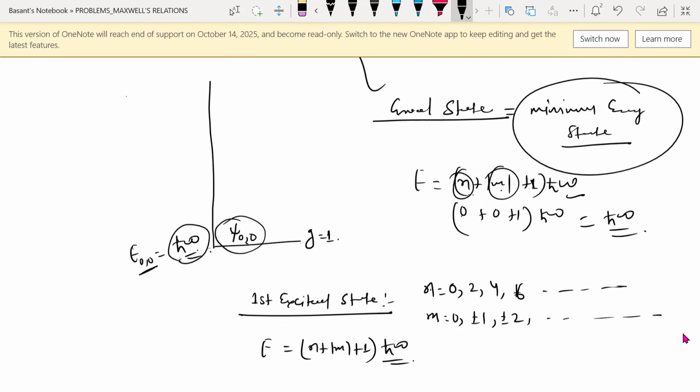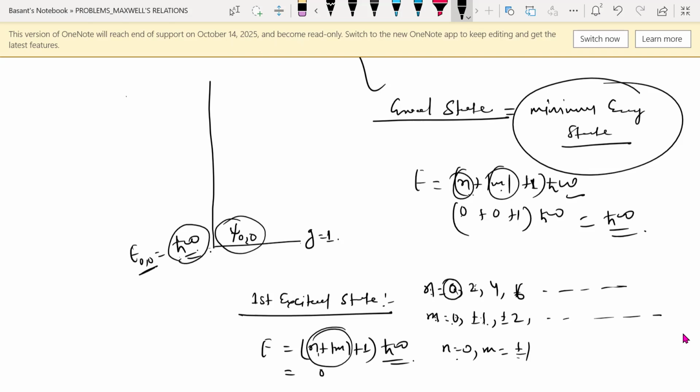So I have to take n equal to 0 and m equal to plus minus 1. Because if I take n equal to 2 and m equal to 0, the summation gives 2, which is higher than 1. So I have to take the summation value 1 first. So here there are two combinations.